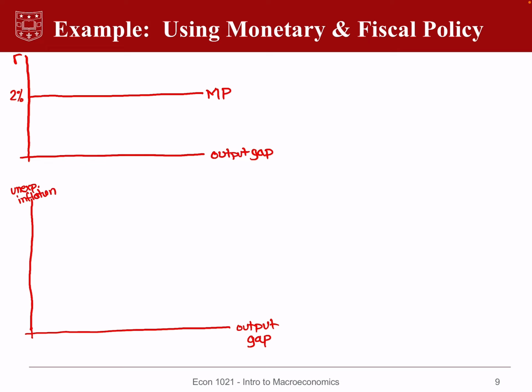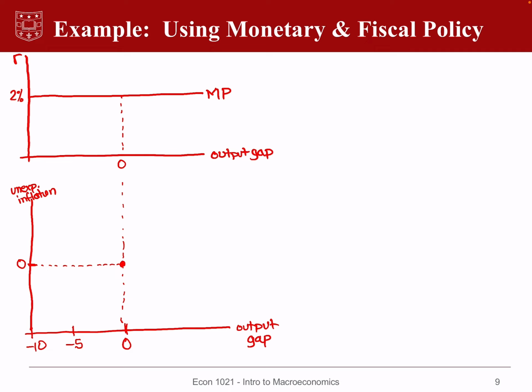And again, what I want to do is just start with my zeros, so I've got some perspective here. So there's 0%, say -5%, -10%. And we know that when the output gap is 0, then there is no unexpected inflation.